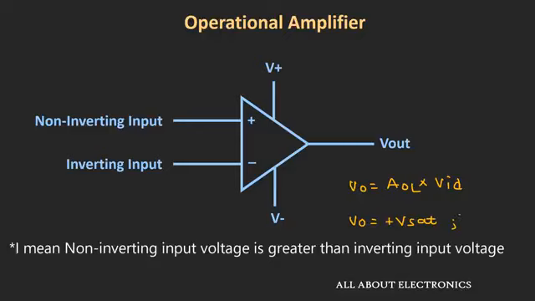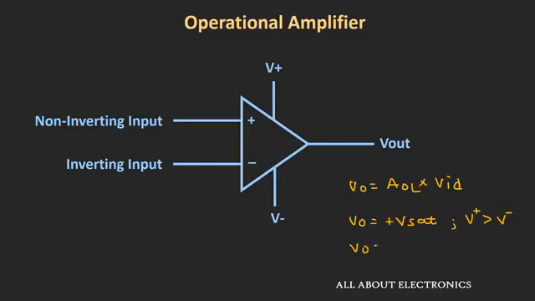And likewise, whenever your inverting input terminal is at a higher voltage than the non-inverting input, your output will be equal to the negative saturation voltage of this op-amp. So in this way the op-amp can be used as a comparator in open loop condition.